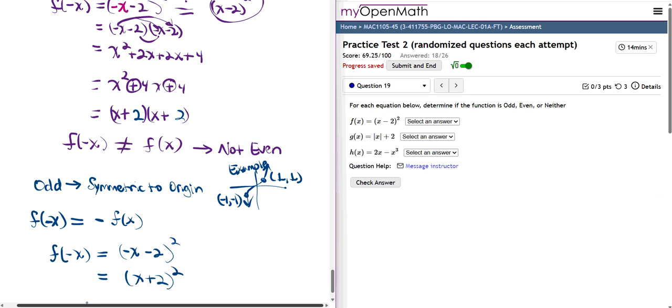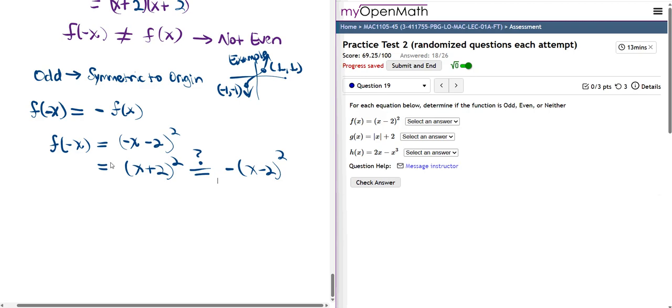Is that the same as if you put a negative on the outside of the original function, quantity squared with a minus out front? And the answer is no. There's no way you could make that happen in this scenario. There's nothing you can do to mess around with this to get to this result.